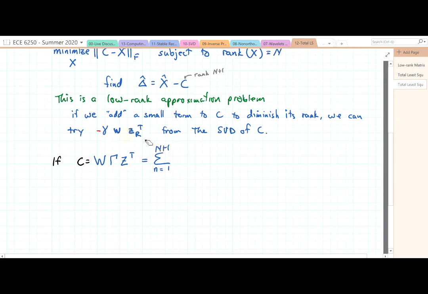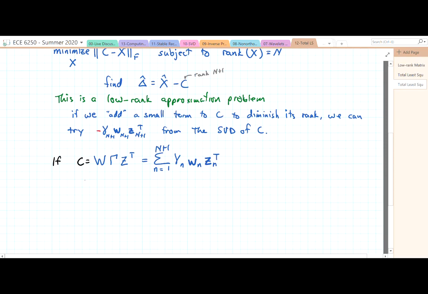I'm sorry, it looks like I should probably change my notation all the way around to make it more consistent. n+1, n+1, n+1. There we go. Gamma n, W n, Z of n transpose.